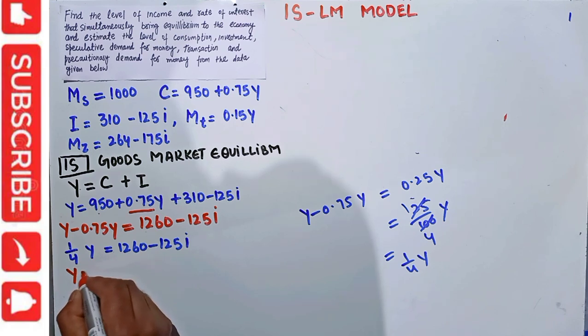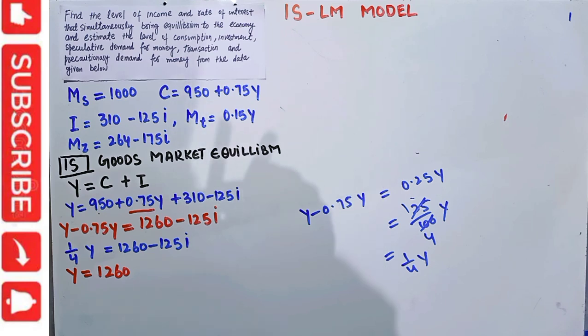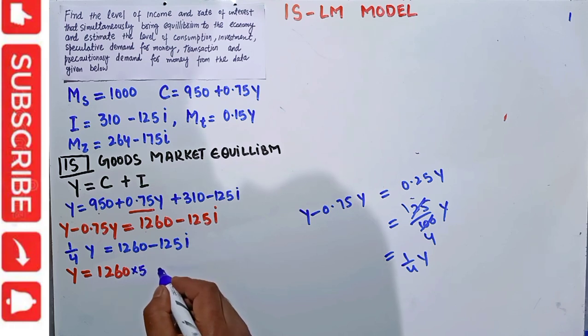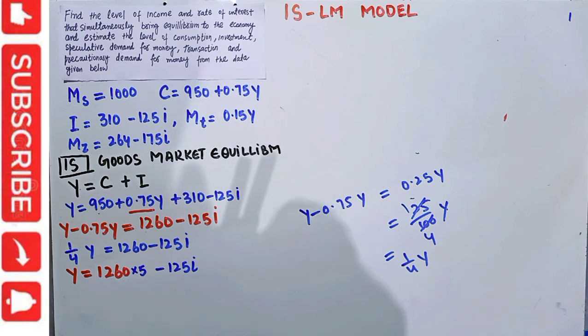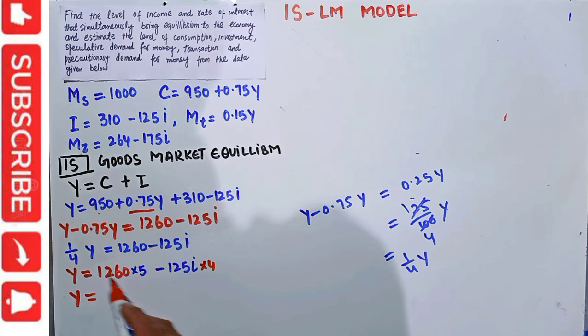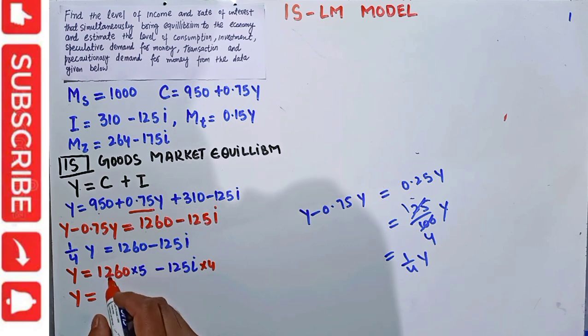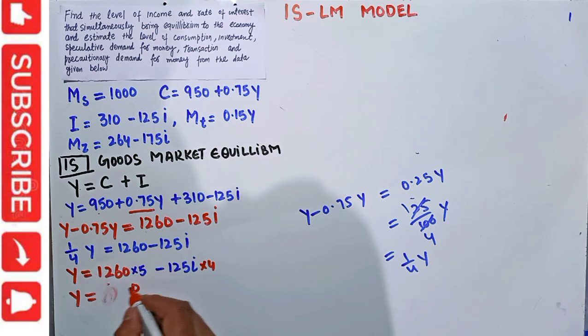That will give us Y equal to 1260 multiplied by 4, minus 125I multiplied by 4. So our Y will be equal to 1260 multiplied by 4. I have solved this: 4 zeros are 0, 4 sixes are 24.